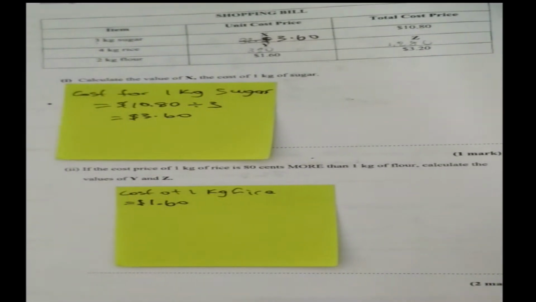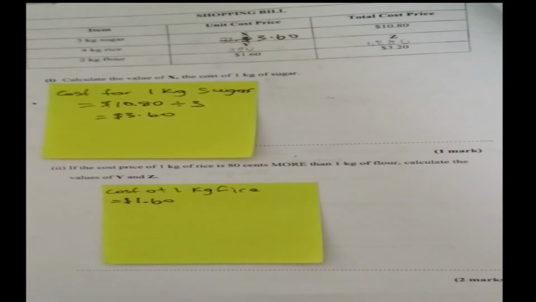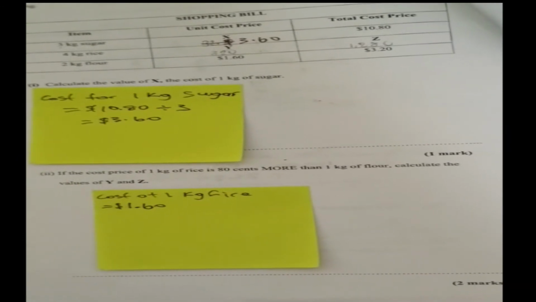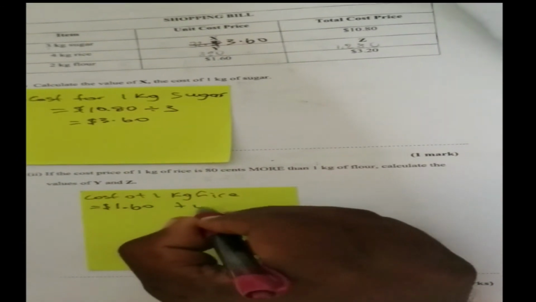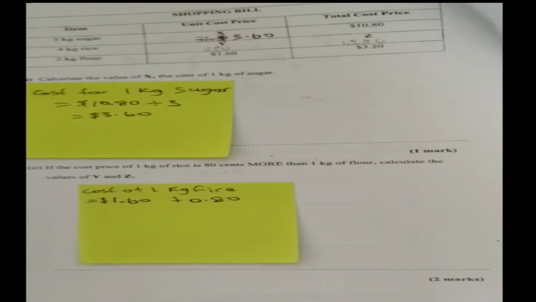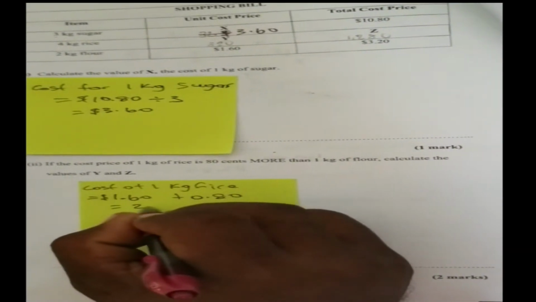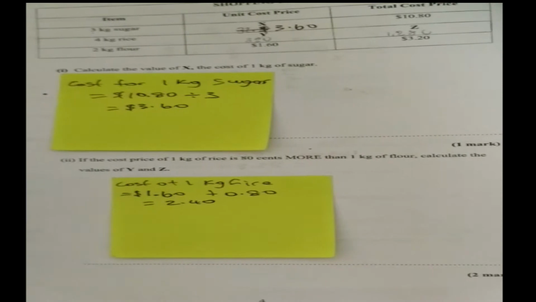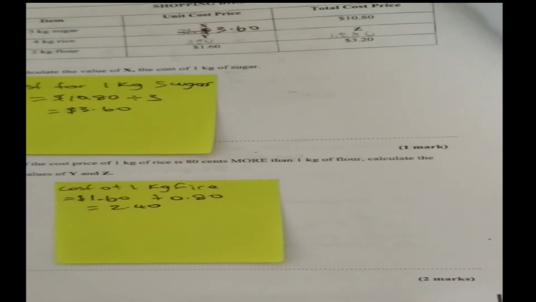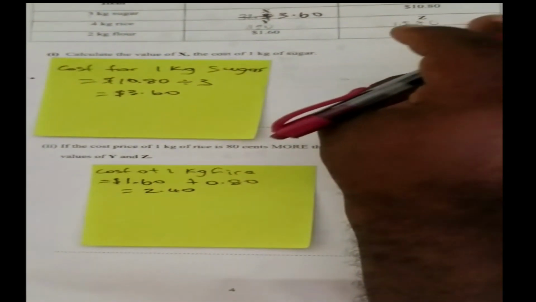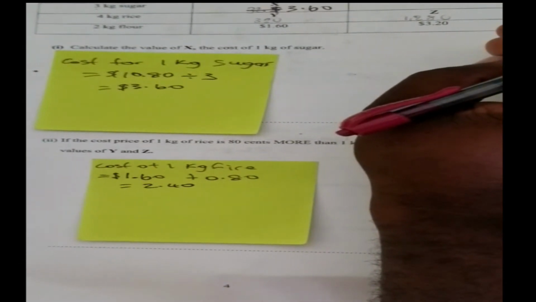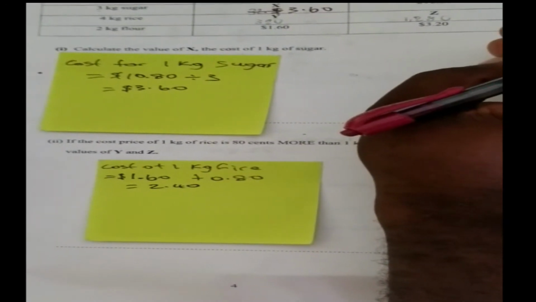When we divide that by 2, we get, and we will get, all right, so we know that, let's see right now, for rice and the sugars.